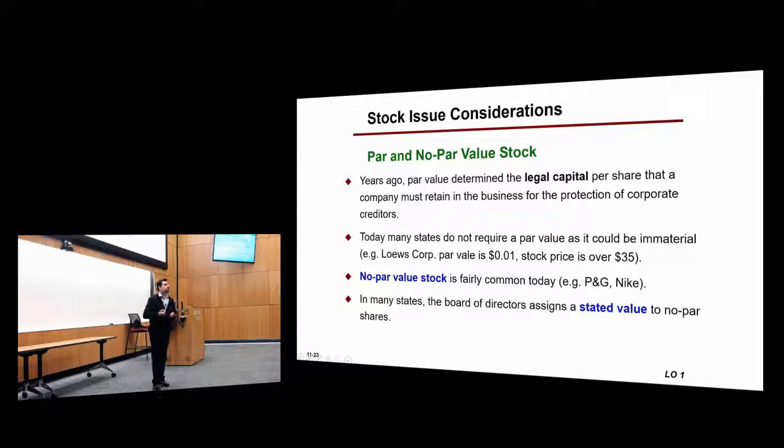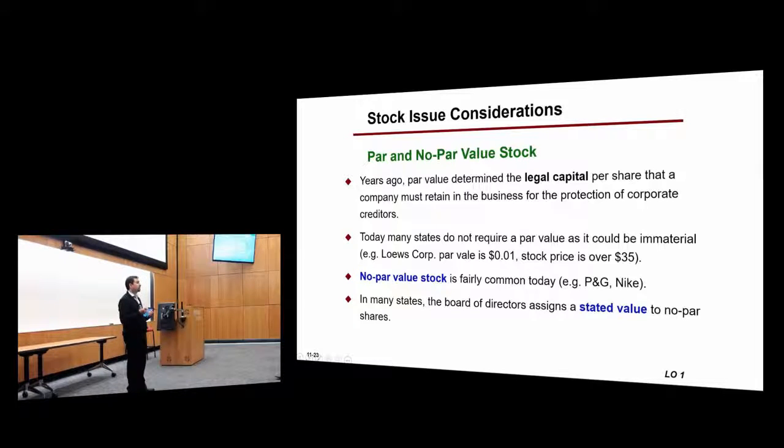The idea was that this is a capital that the company does not have the right to withdraw to protect their creditors. So this amount could not be paid as a dividend. Okay? The reason is that this is the minimum amount that the state would require a company to keep in order to protect their creditors.